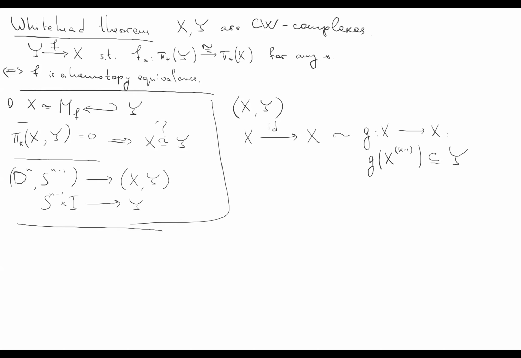Now I can take any k-cell of X without Y. Such a cell is just a map from D^k, with boundary the sphere, to X and X^(k-1).